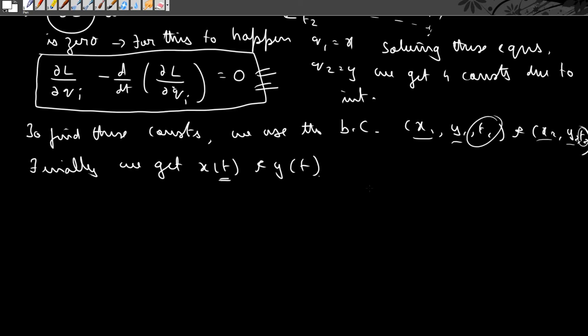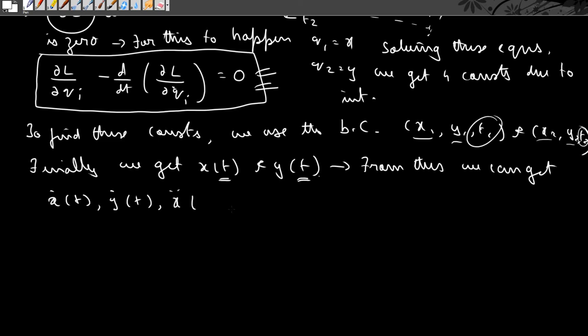Remember, we get it as a function of t. And from this we can get x dot of t, y dot of t, x double dot of t, y double dot of t, and so on.